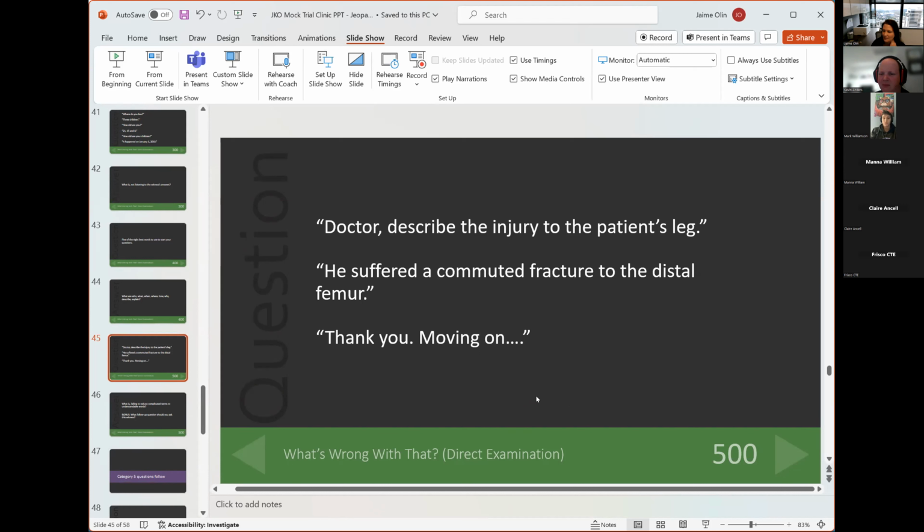All right, so we've had Mark Williamson, Frisco CTE, somebody else. Sophia Reese: It's not in layman's terms, so the jury doesn't know what that means.